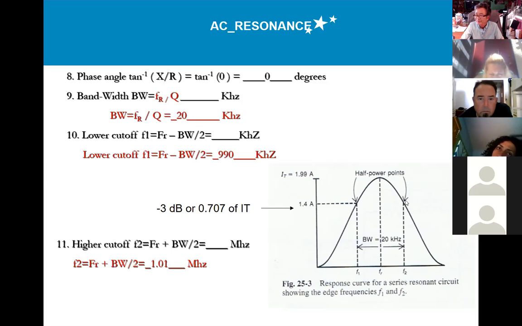They have the same value, but a different frequency. The difference between F1 and F2, that's what they call bandwidth. In this case, they calculate F1 as 990 and F2 will be 101 megahertz.